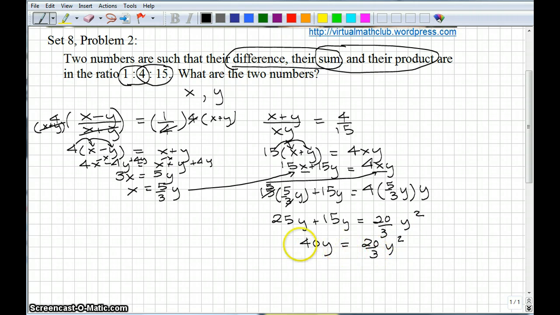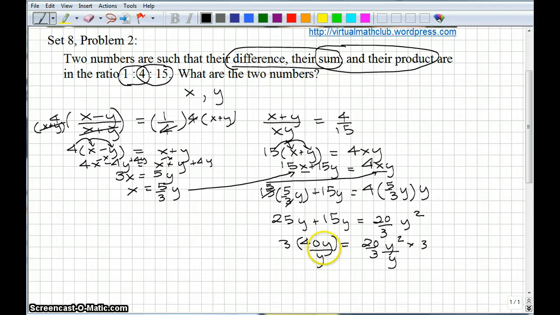So let's get rid of the fraction. I'm going to multiply both sides by 3. I haven't changed the equality. I'm also going to divide both sides by y, because I've got a y here and a y squared here. So I can get rid of the square by dividing by y.